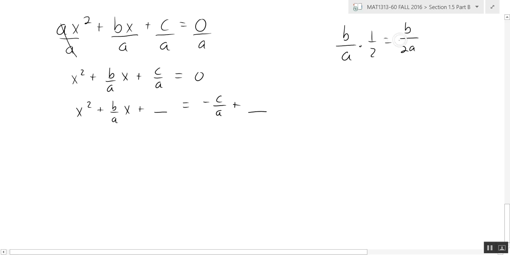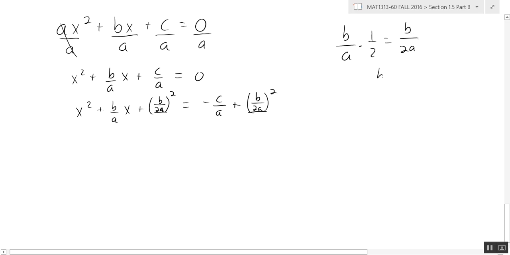Now remember, what do we put in the blank? We take half of what's in front of the x and square it. So half of what's in front of the x is b over 2a, and square it. So I'm just going to write b over 2a squared. Alright, well, what is b over 2a squared?